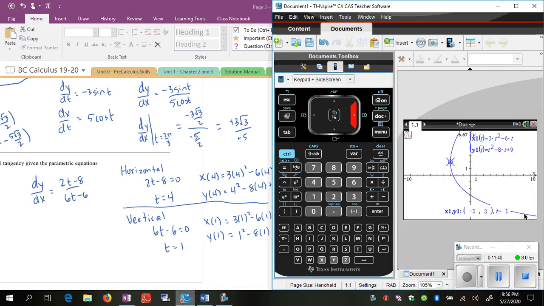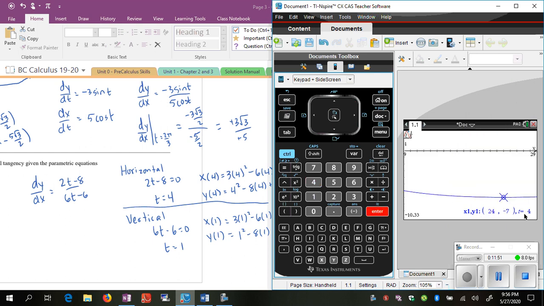So you can see that at t equals 1, (-3, 2), and you can see the graph even looks vertical there. So we want to step out to where t was equal to 4. And actually, I bet if I type in just the number 4, it'll go to t equals 4, and it even shows me the coordinates there as (24, -7). And we have t equals 4. Graph looks pretty horizontal there.